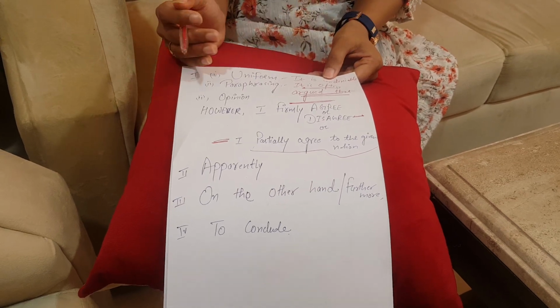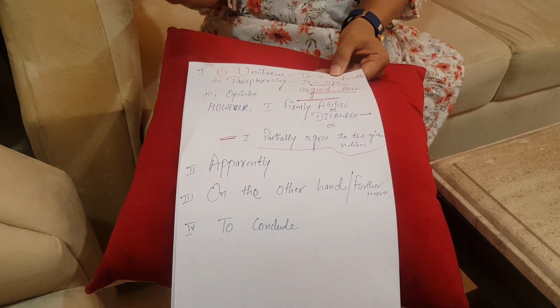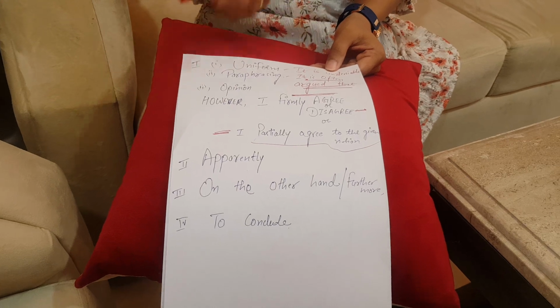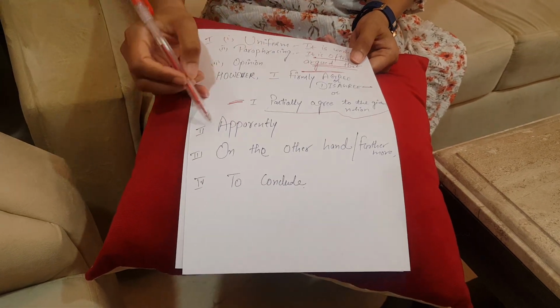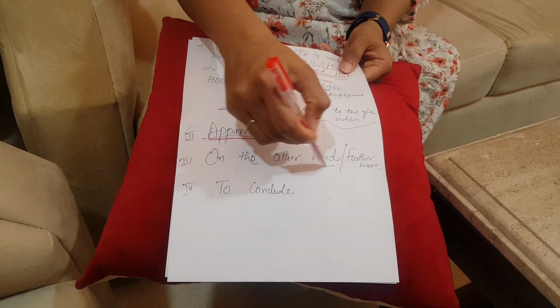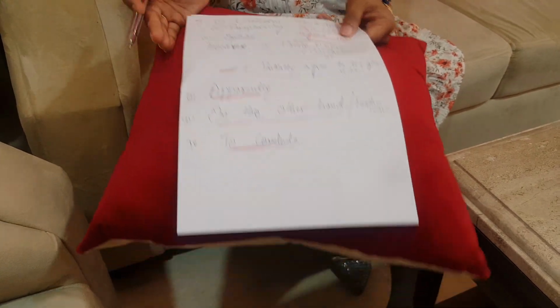It is totally a myth that if you go one side or if you go partial, you'll get more bands. No. Whenever you see the question, first organize the ideas. So, the second paragraph you can begin like apparently, the third on the other hand, and fourth to conclude.